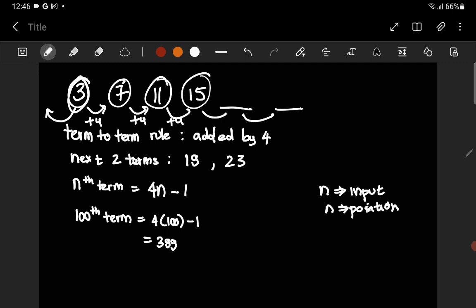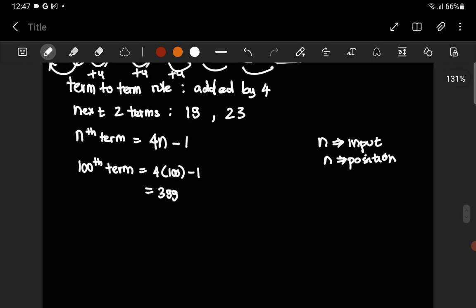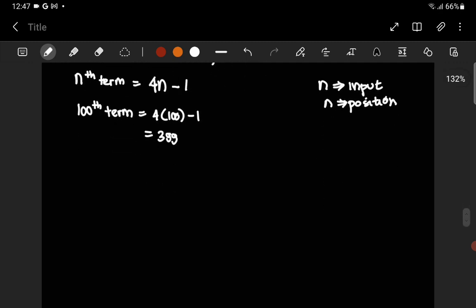Now the questions in the checkpoint can be something like this one, but there is a possibility they will give the question in, I will say, a text.